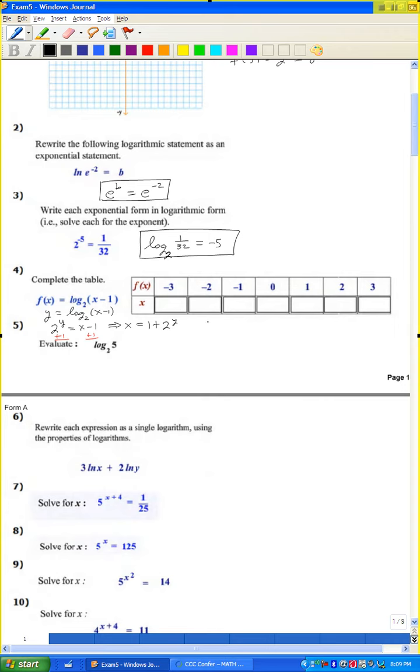So I have x is equal to 1 plus 2 to the -3, 1 plus 1 over 2 cubed, 1 plus 1 over 8 is 9 over 8.